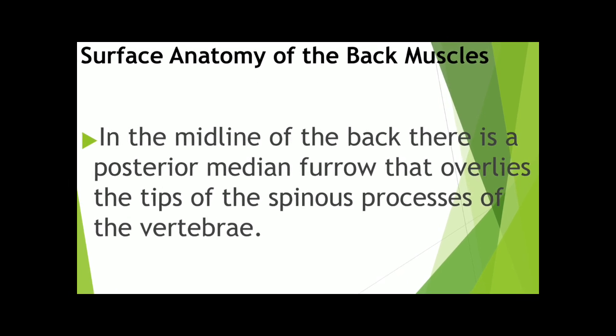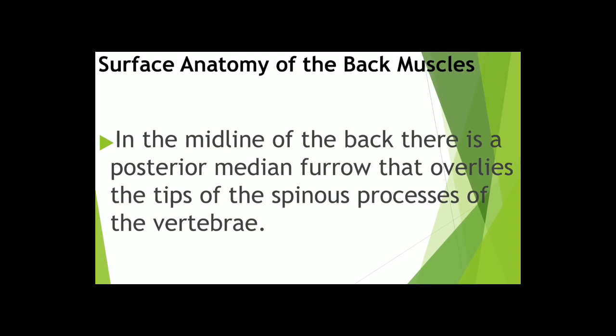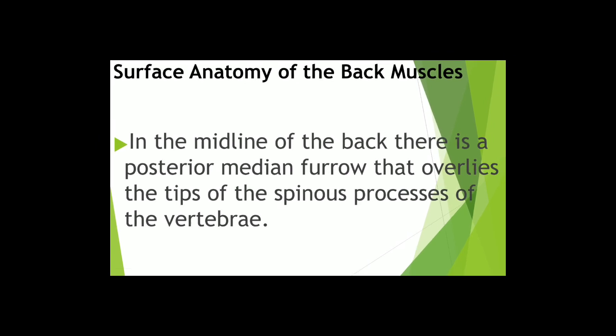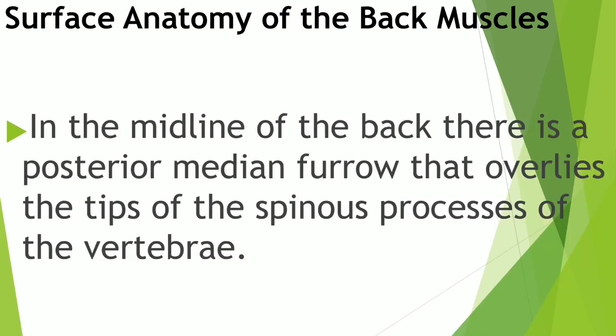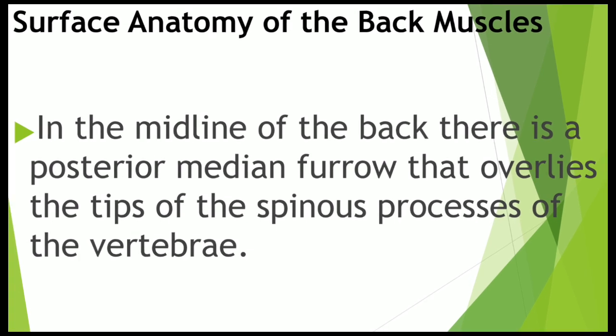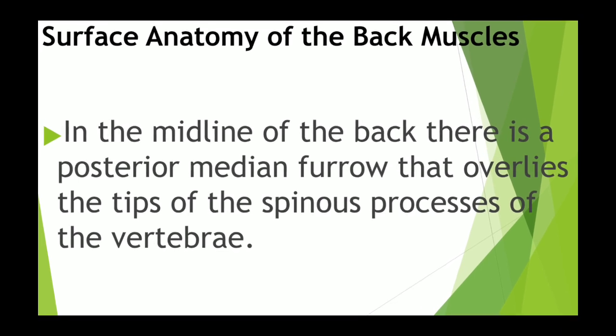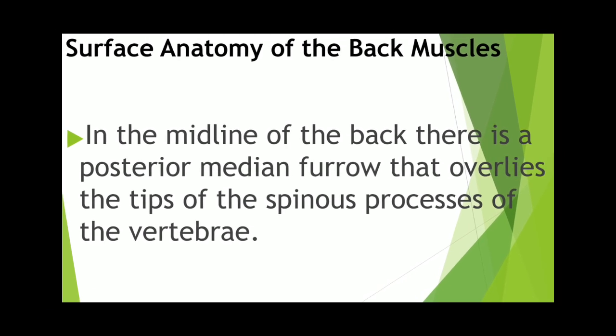Next, I need to look at the surface anatomy of the back muscles. Don't forget that in the midline of the back, there is a posterior median furrow that overlies the tips of the spinous processes of the vertebrae. A good look at this diagram here will assist one to appreciate the surface anatomy of the back as far as the back muscles are concerned.